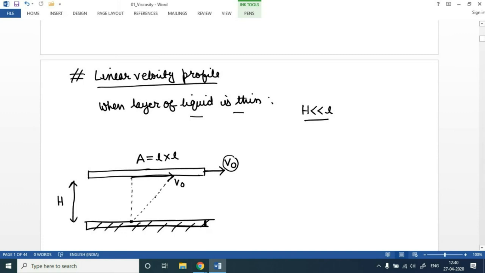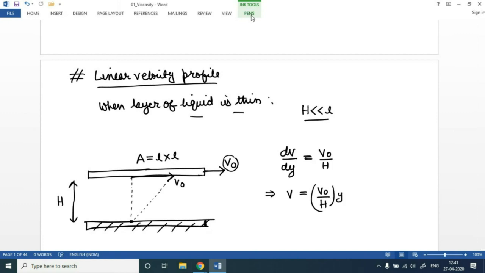In this case, it is very easy to find the velocity gradient. So dv by dy here will be simply equal to v naught by h. In other words, you can write v is equal to v naught by h into y.